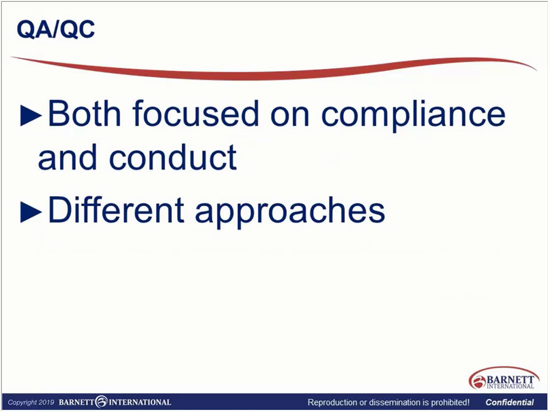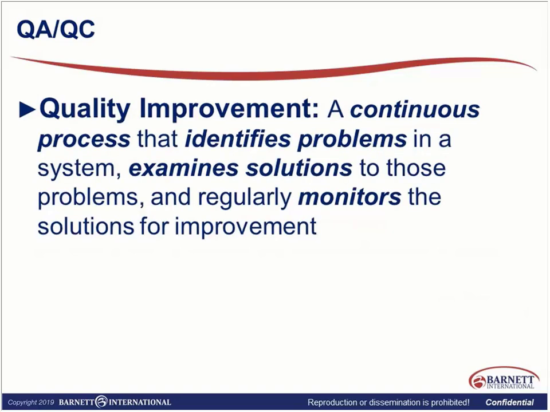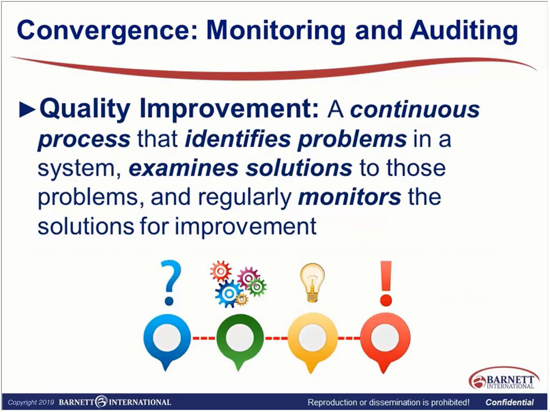Both quality assurance and quality control, auditing and monitoring, are focused on compliance and conduct. But their approach is different. Where do they come together? In quality improvement. And quality improvement is a continuous process that identifies problems in a system, examines solutions to those problems, and regularly monitors the solutions for improvement.